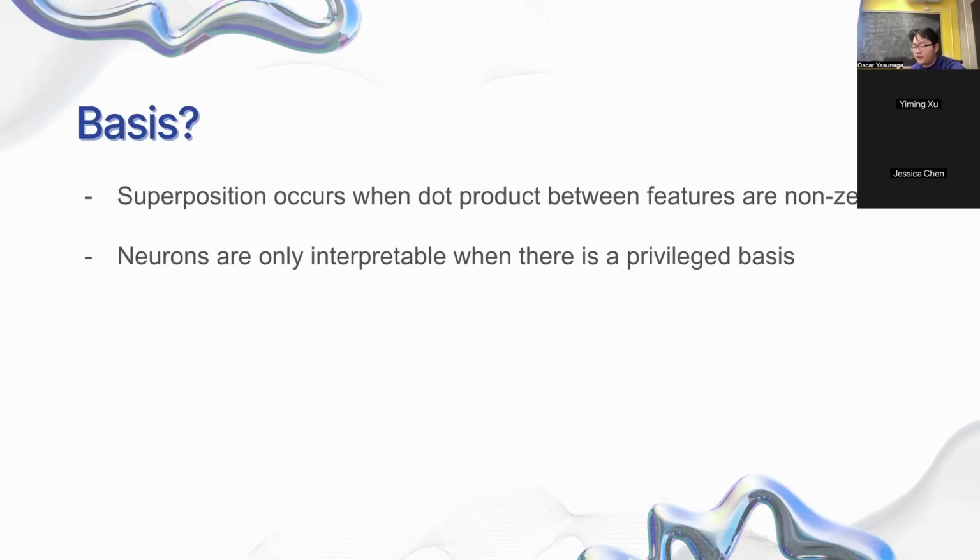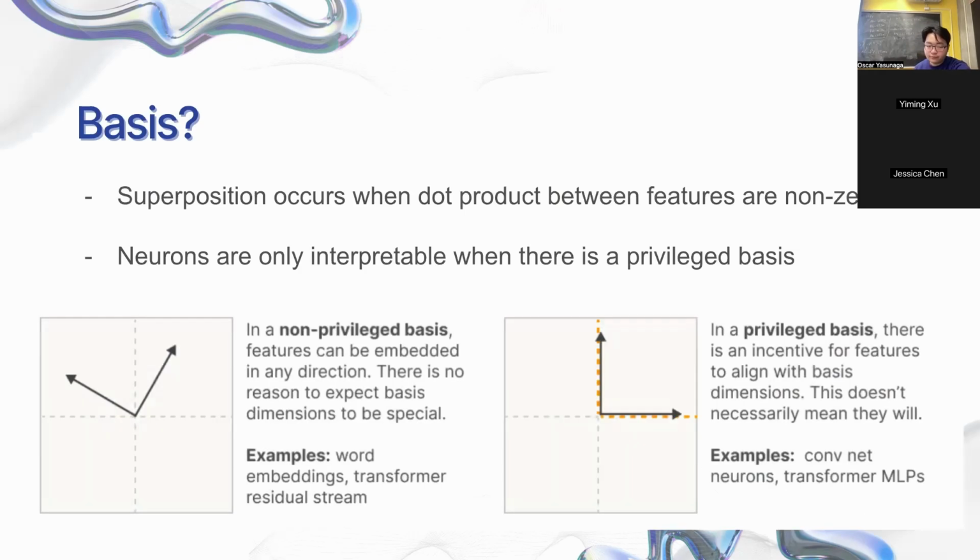There's this set of vectors that are very special. These special vectors emerge as a result of our activation function. That's why we can understand the hidden space. Otherwise, trying to understand the neuron is impossible because your feature vectors won't align with the specific neuron.